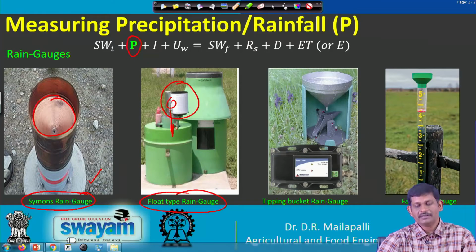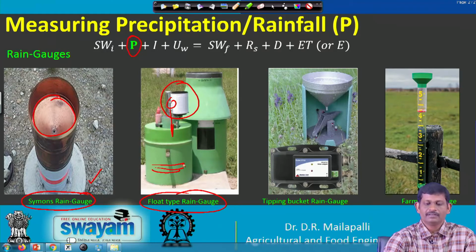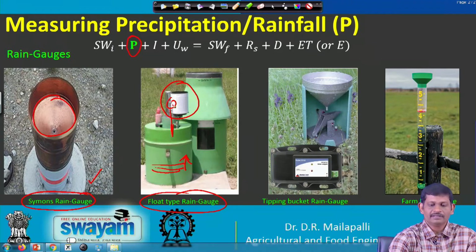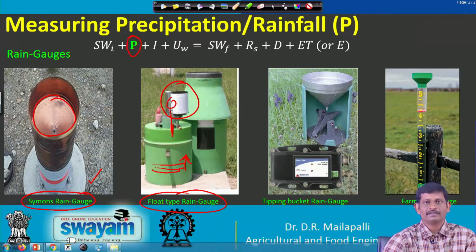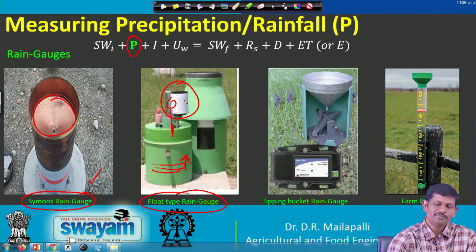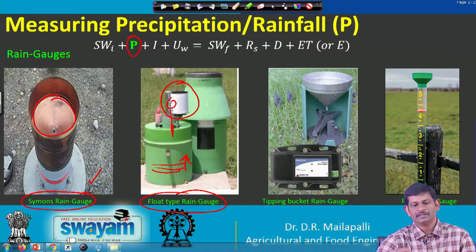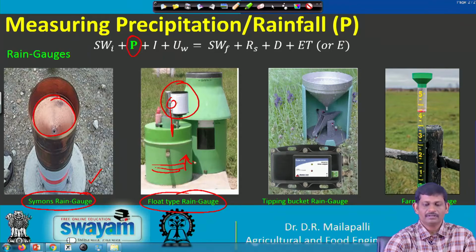Depending on the water accumulating inside, the float is going to rise, and accordingly the pen is going to draw the water levels. The drum is attached to a clock, so the drum will be moving with the clock. Accordingly, you will know at what time the depth of rainfall was collected.